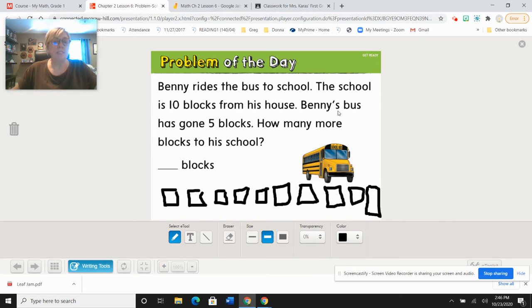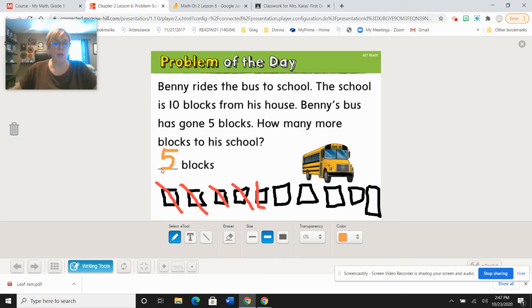Now his bus has gone 5 blocks already, so I'm going to take off 5. 1, 2, 3, 4, 5. How many more blocks does he need to go before he gets to school? 1, 2, 3, 4, 5. So here's my answer.